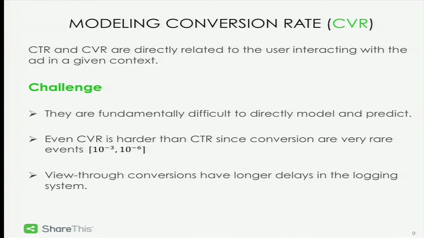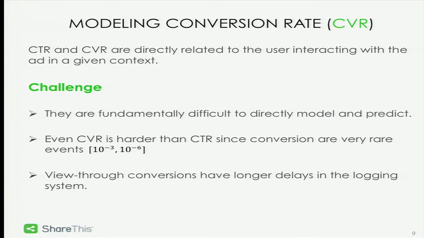So the challenge here for both CTR and CVR prediction is that these are directly related to the user interacting with an ad in a given context. So fundamentally, this is a very, very hard problem because even CVR is harder than CTR.